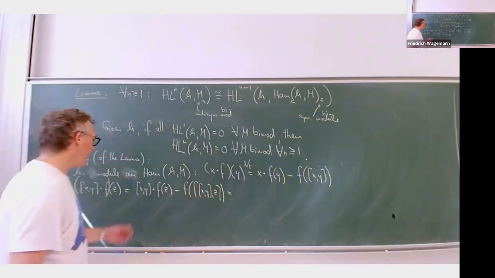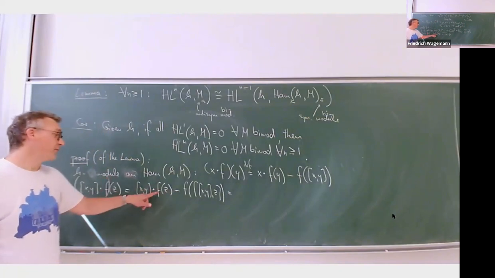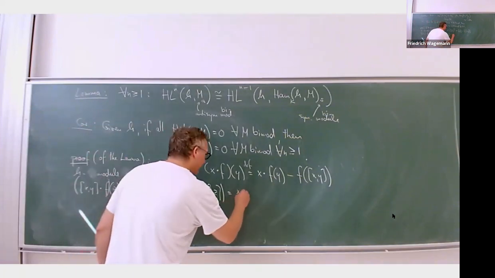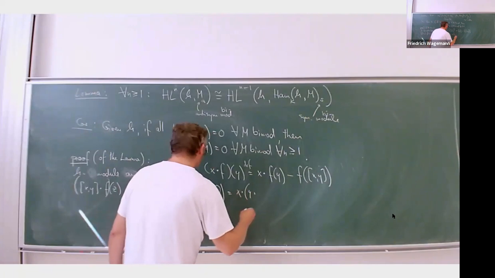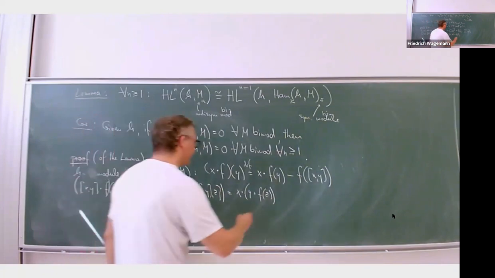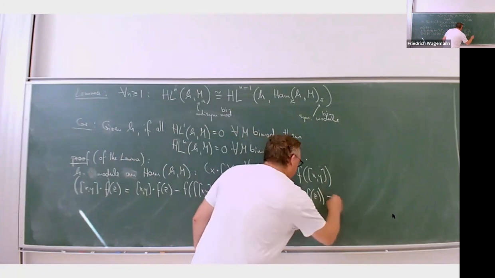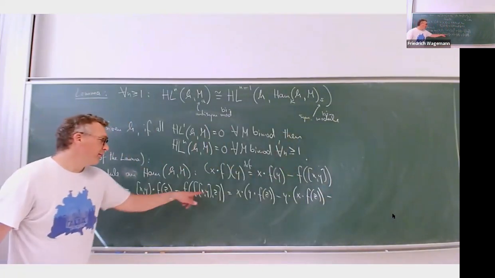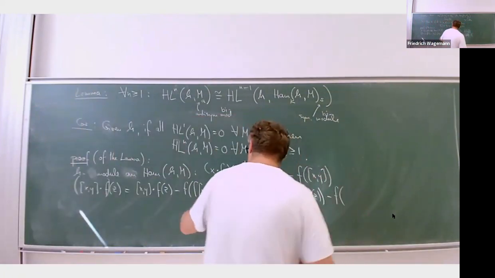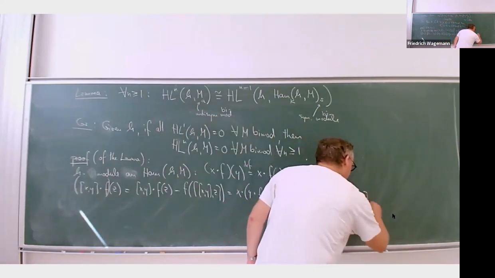And here, as the left operation on M satisfies the left module identity, I have that this is x dot y dot f of z minus y dot x dot f of z, and behind here I can apply the Leibniz identity to say that this is the bracket of x, y, z.